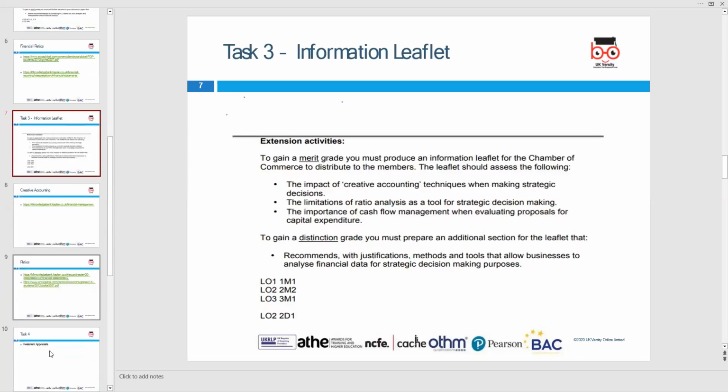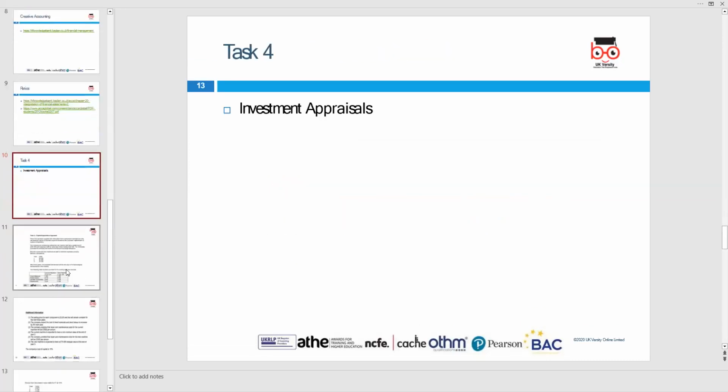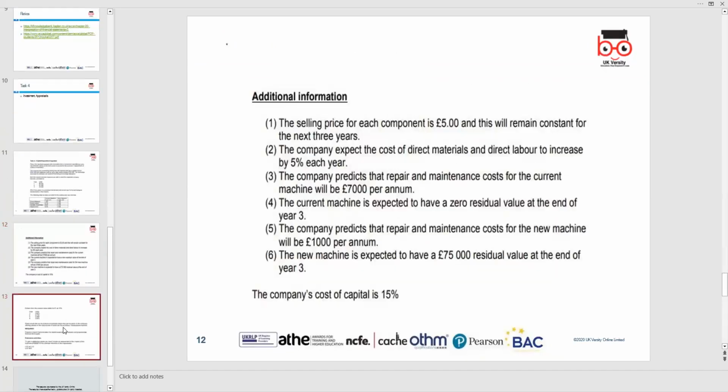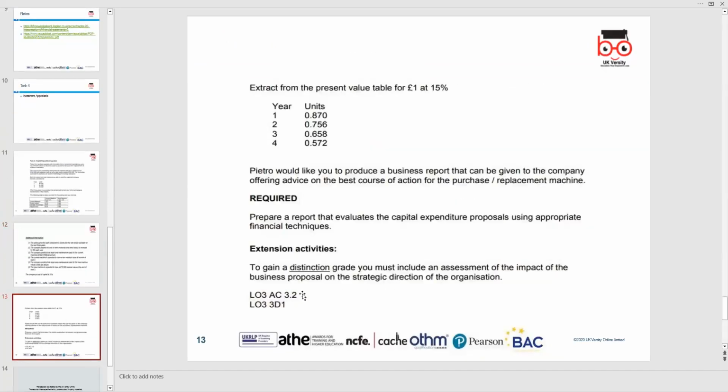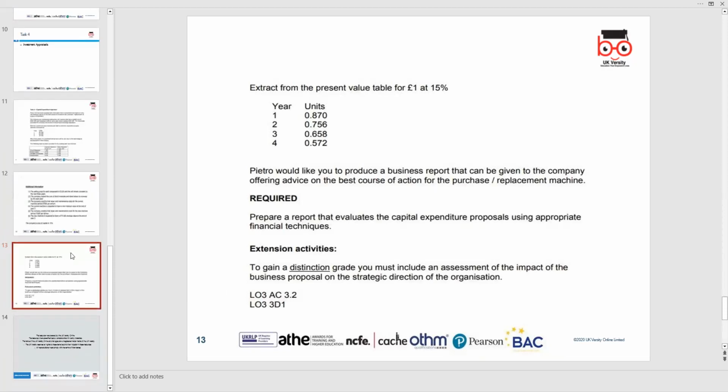And task number 4 covers your assessment criteria 3.2 and the distinction criteria. So every task covers your assessment criteria, so you know what you are covering. All the sources that you need are there for you, and if you need additional sources, of course, you can use your own research, and you can use anything that backs your work.